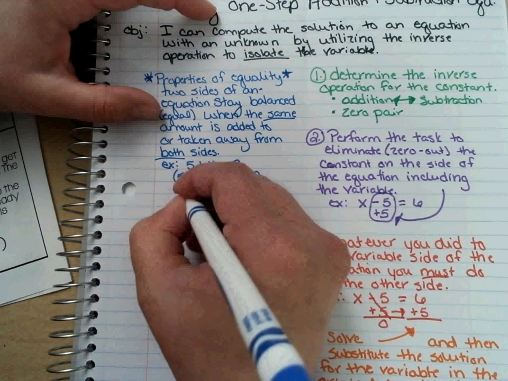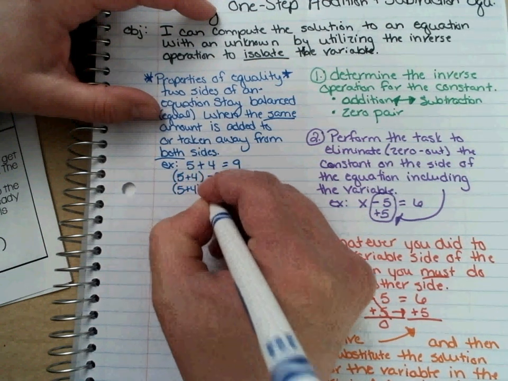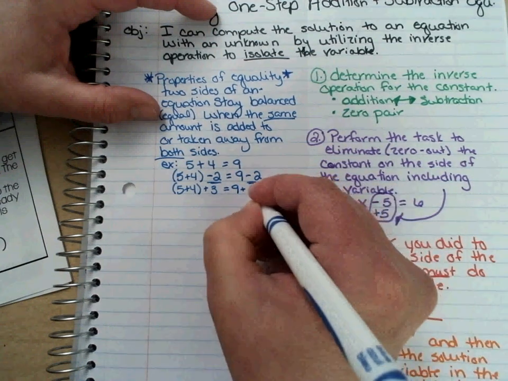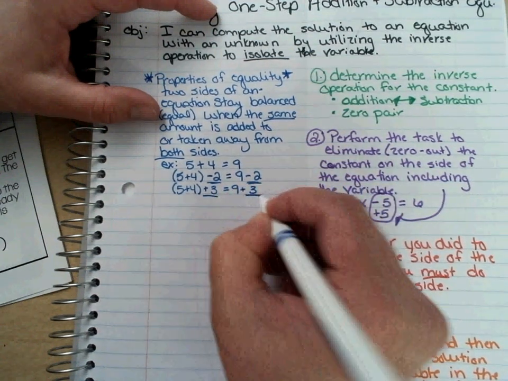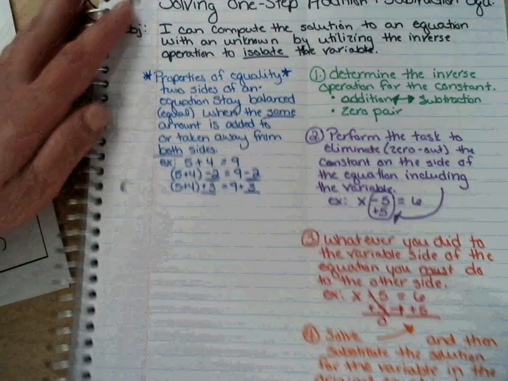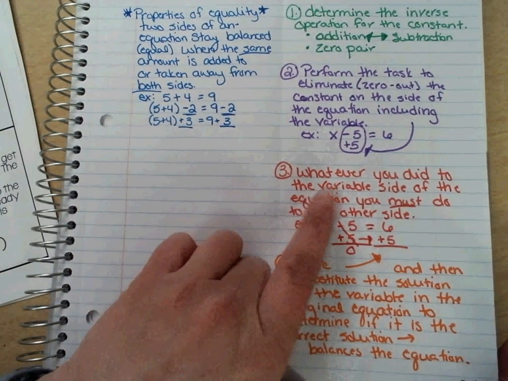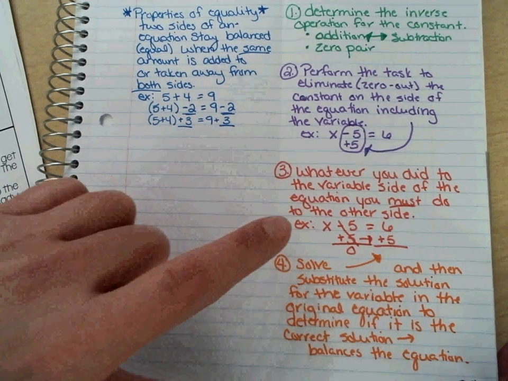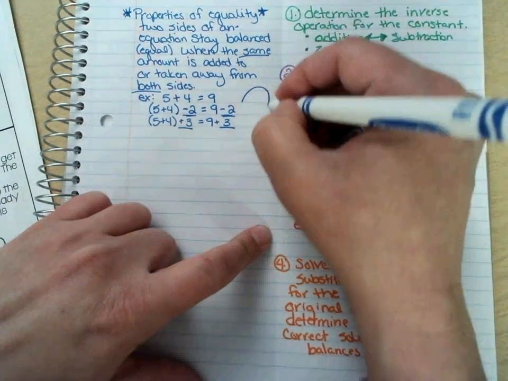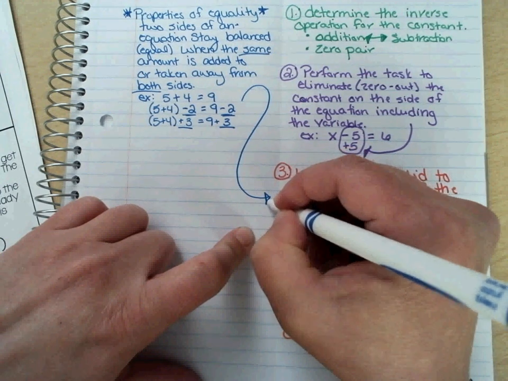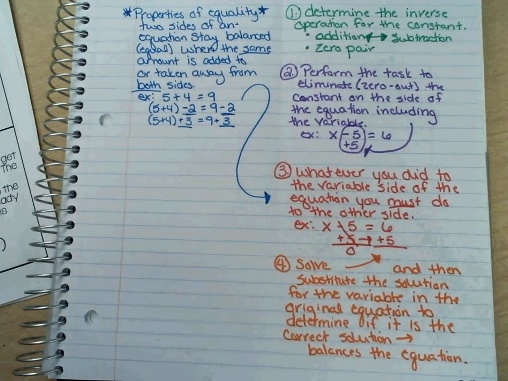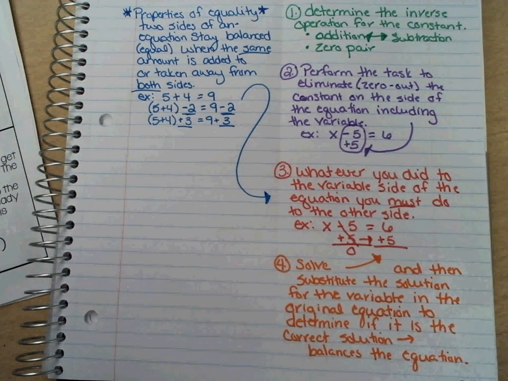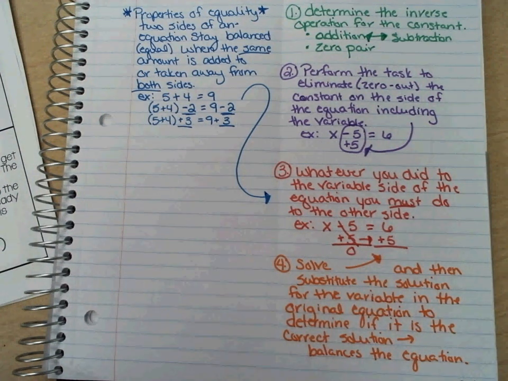It would be the same thing if I went down here and I said, okay, 5 plus 4 plus 3 equals 9 plus, well, that would be 3 because I have to do the same thing to both sides. Hence the reason whatever you do to one side of the equation, you have to do to the other in order to keep it balanced or equivalent.